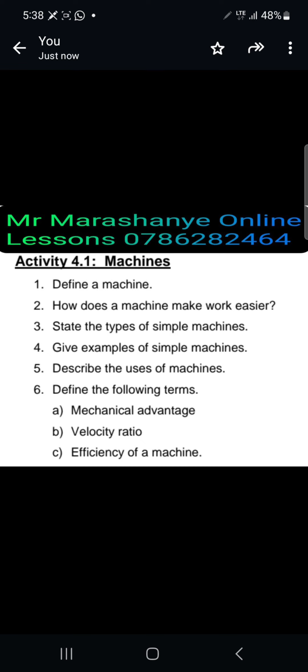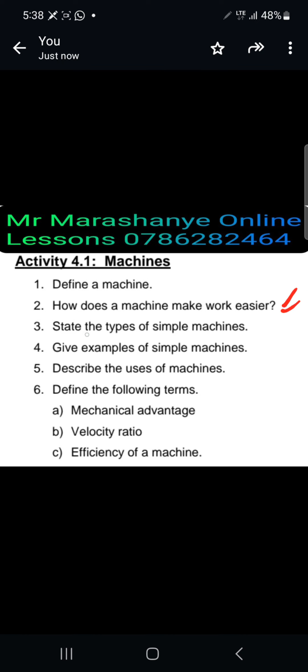Suppose you want to do something and you decide to use a machine, what the machine is going to do is reduce the effort which was supposed to be applied. That's how it makes work easier to do.